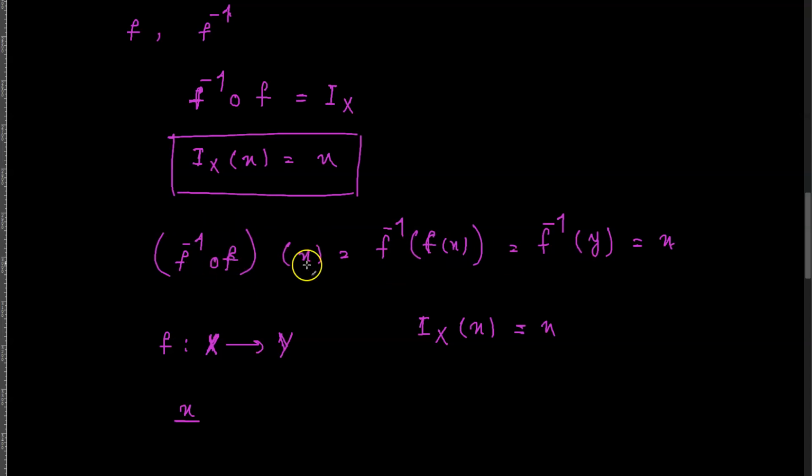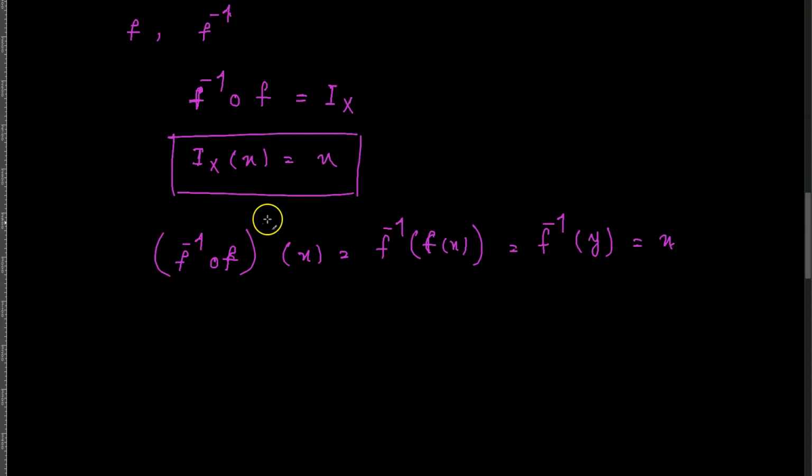And of course you know that f of x is equal to y by the general definitions that we have, and f inverse of y always gives you x, which means that the composition is equal to x. Also, we said that these were two conditions that we use in order to check whether a function is the inverse of another function or not. So let's go through them quickly.